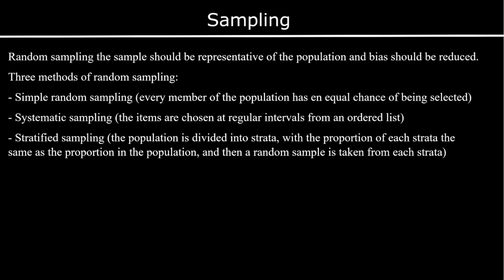So the proportion of the groups in the sample will be the same as the proportion of the groups in the population. And then once we've split them into groups, we can just use a simple random sample again to pick those 7 and those 3.